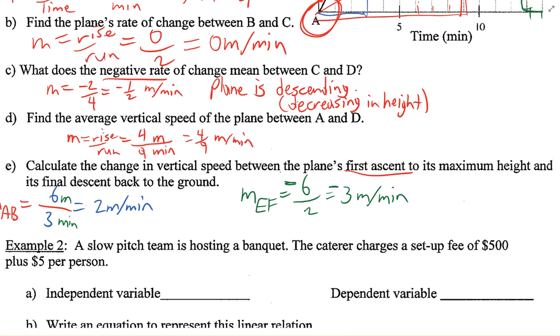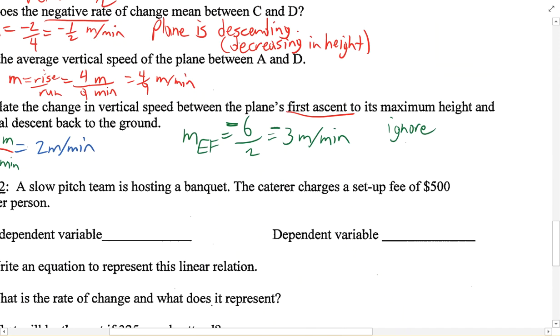So to find the change or the difference, you're going to have to ignore the negative sign. Because the negative sign here is just going to tell us the direction that the change is occurring. It's going to tell us whether we're going up or down.